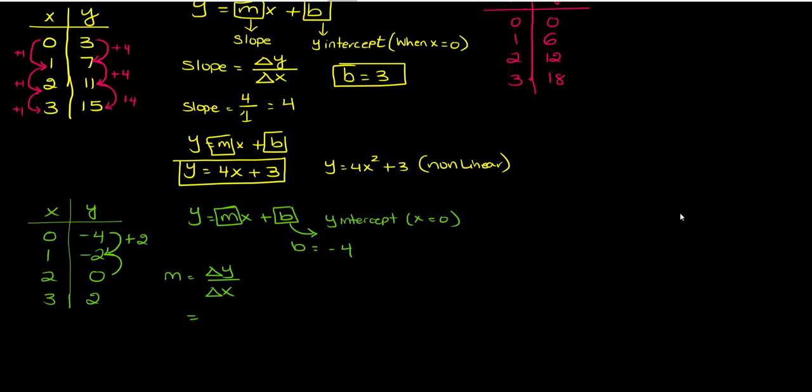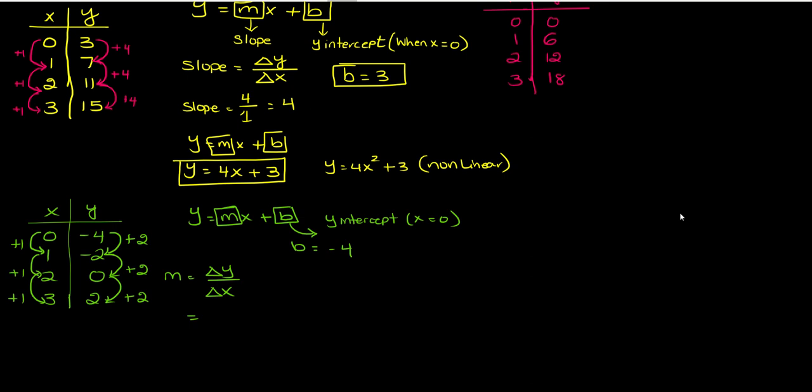From -2 to 0, that's also 2. From 0 to 2, that's also positive 2. Let's look at our x. From 0 to 1, you just need to add 1. From 1 to 2, you're adding 1. Sometimes these numbers will be negative, and if so, you need to keep your negative symbol there.